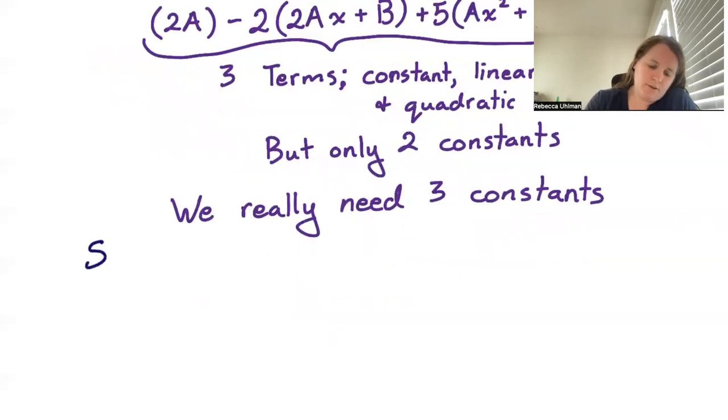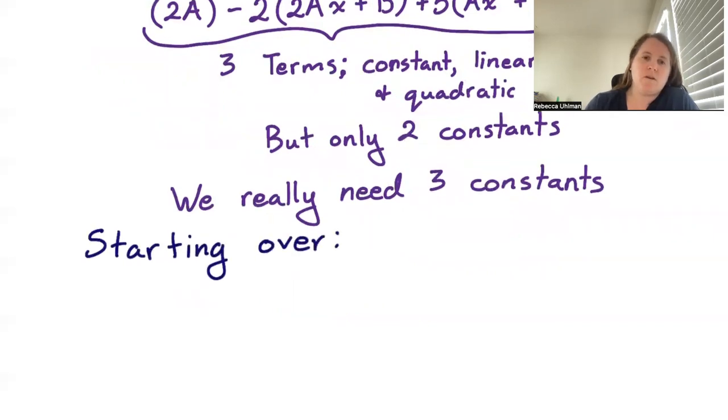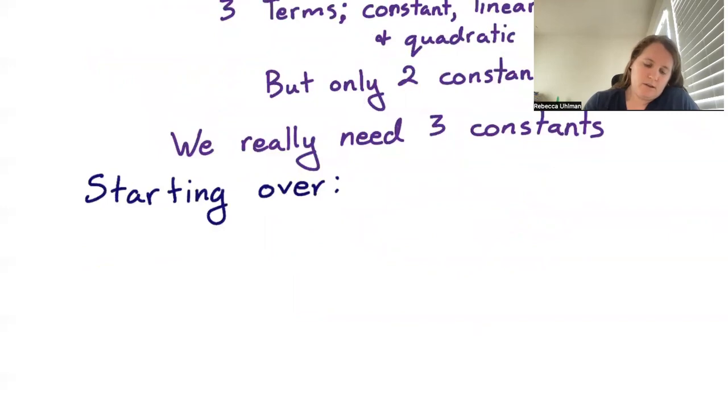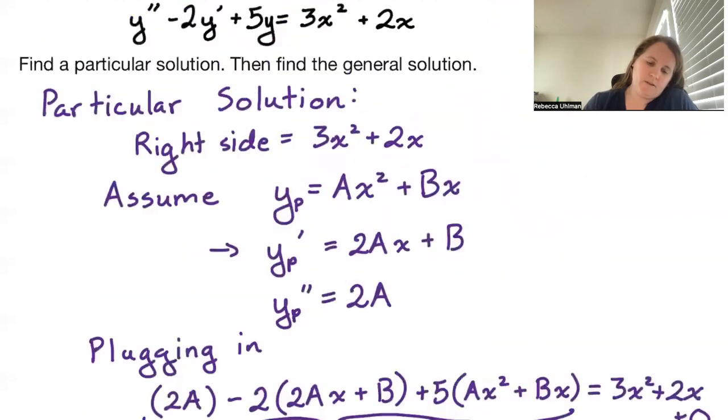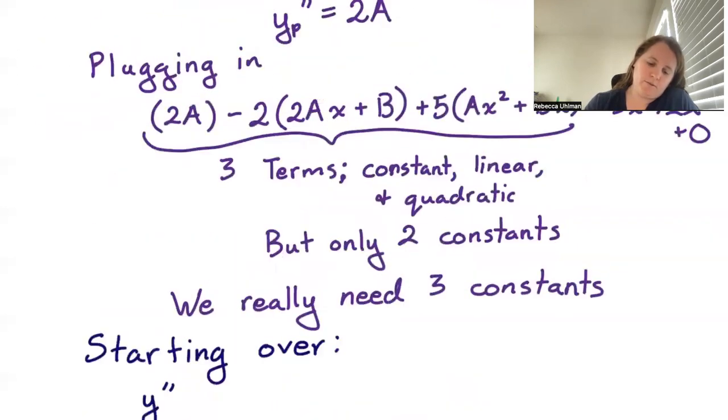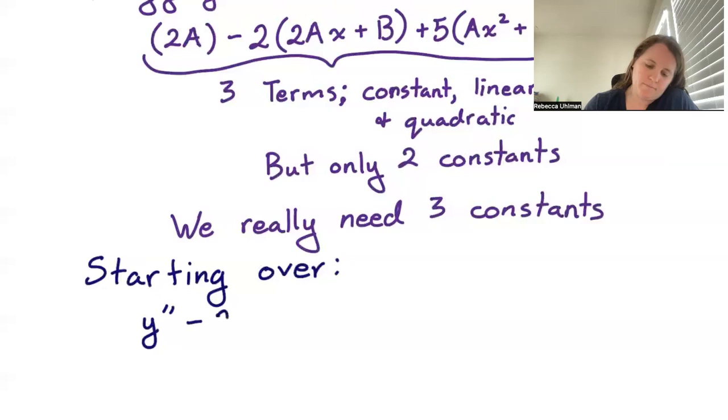So starting over, again, we had y double prime minus 2y prime plus 5y is equal to 3x squared plus 2x.